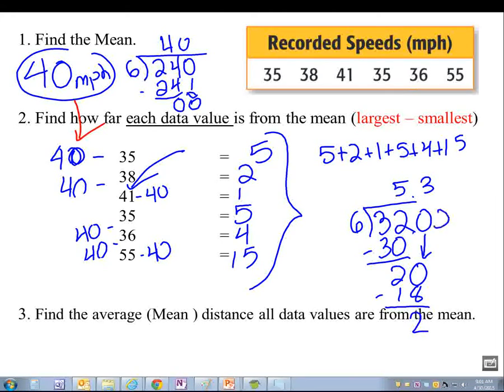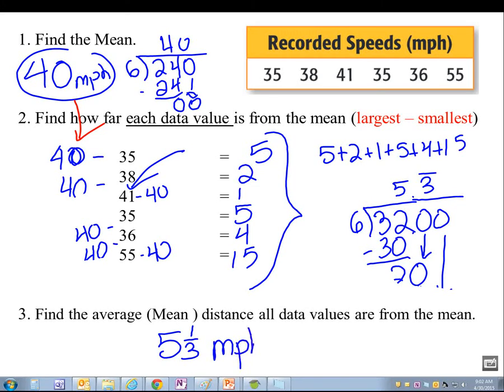Then as soon as I get the same digit again, I know that that's going to be repeating. Or if I want to represent that as a fraction, I could just say 5 1/3. So I found out that the average distance of all data values from the mean is going to be 5 1/3 miles per hour.